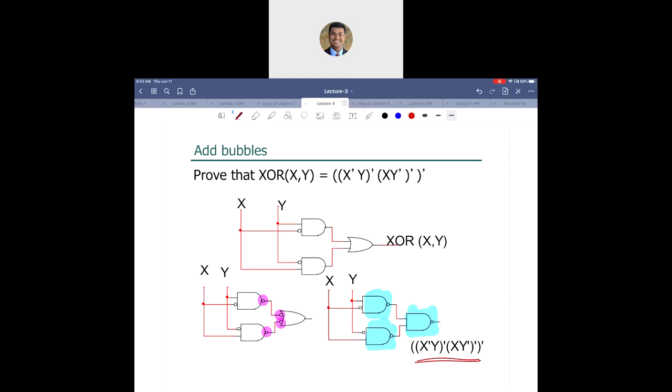So that's essentially how you push bubbles through and convert to a NAND-only synthesis. Questions about this example? All right, looks like you guys are comfortable with this.